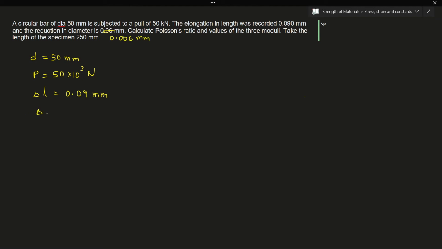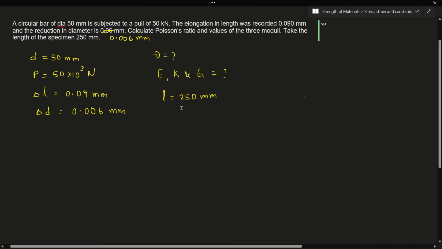Okay, so delta D, the change in the diameter, is 0.006 mm. Calculate the Poisson's ratio. So I'll have to calculate mu, I'll have to calculate the three moduli, that is E, K and G. Take the length of the specimen as 250 mm.